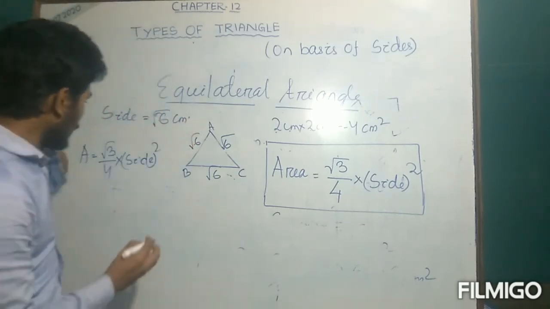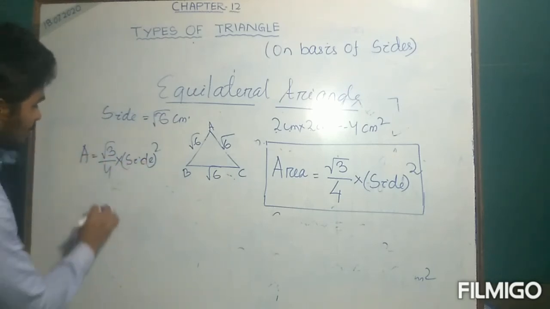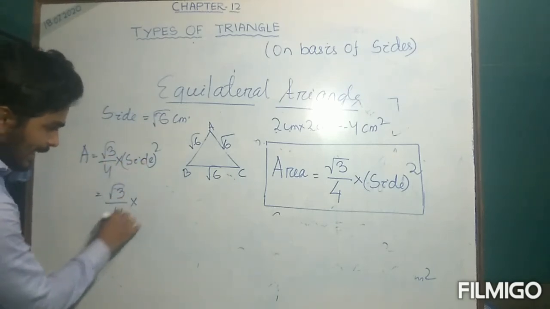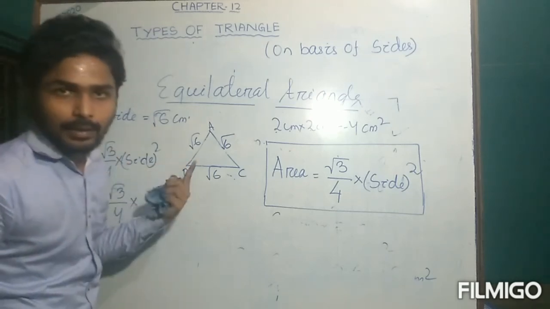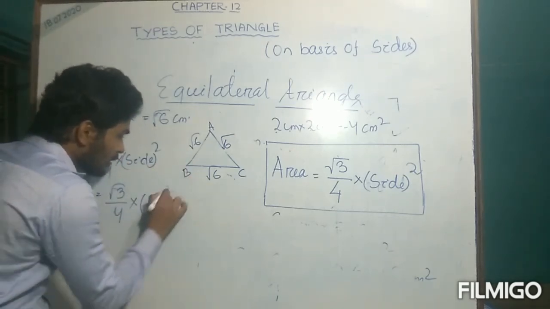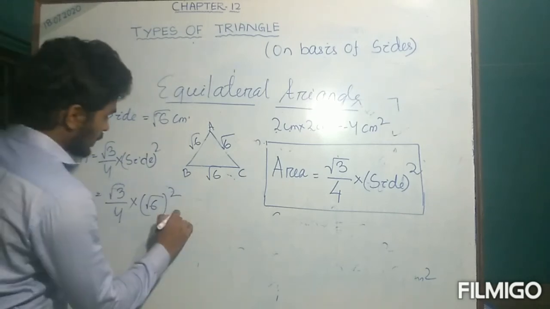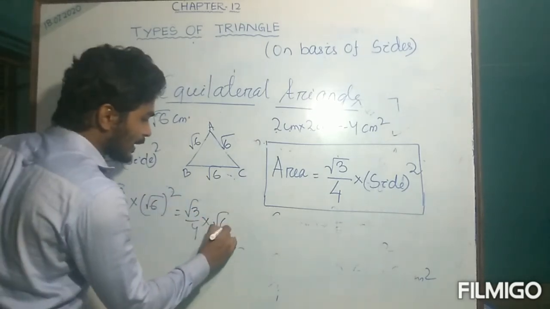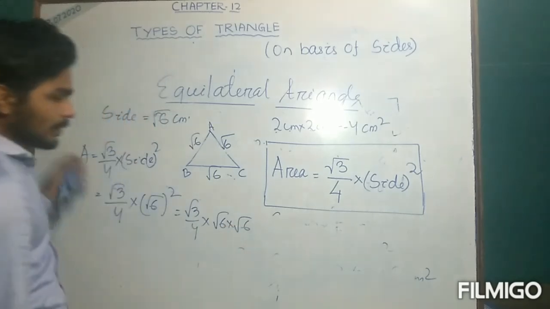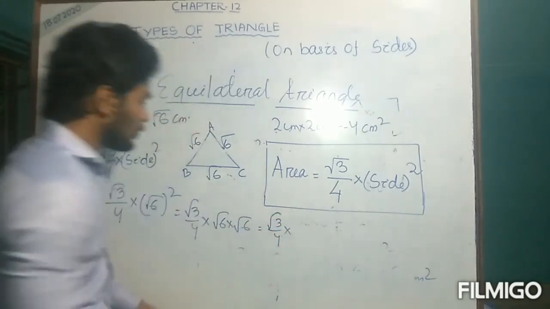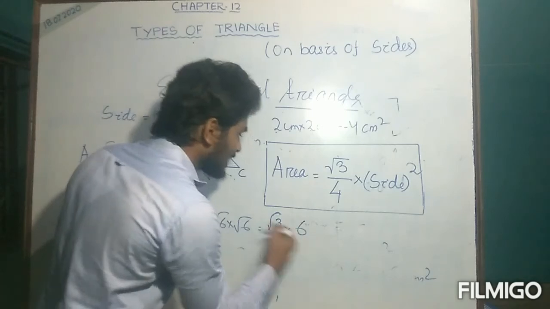Now use the same formula, root 3 by 4 into side square. Here side is root 6, that means root 6 square. So it will be root 3 by 4 into root 6 square, which means root 6 is multiplied twice. So root 3 by 4 into root 6 into root 6 is 6.